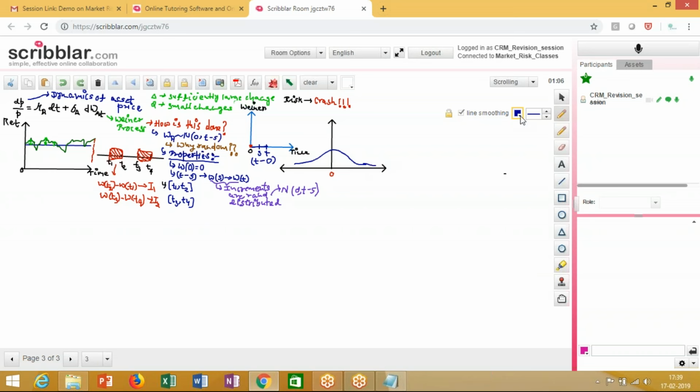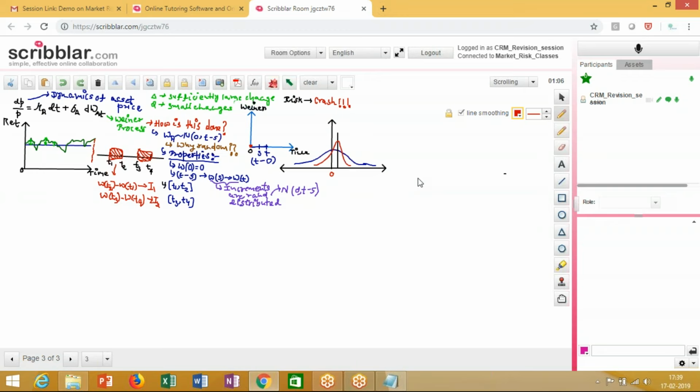Let's say this is the return distribution, and the return over here is this part. Let's say this is the mean of the distribution. Now there is another distribution which comes up from here. This is another distribution that I have created.